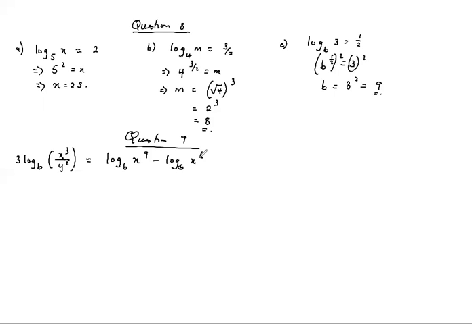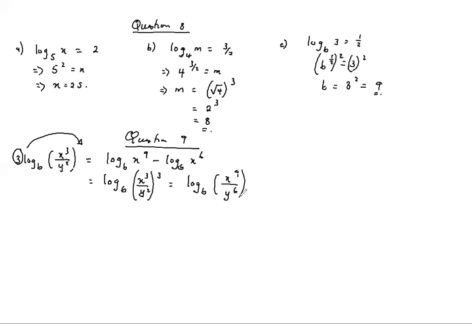So what happened here is the power, this 3 here, went back as a power, so that it became log_b (x^3 over y^2) to the power 3. Then these powers are multiplied: x, 3 by 3, 9; y, 2 by 3, 6.